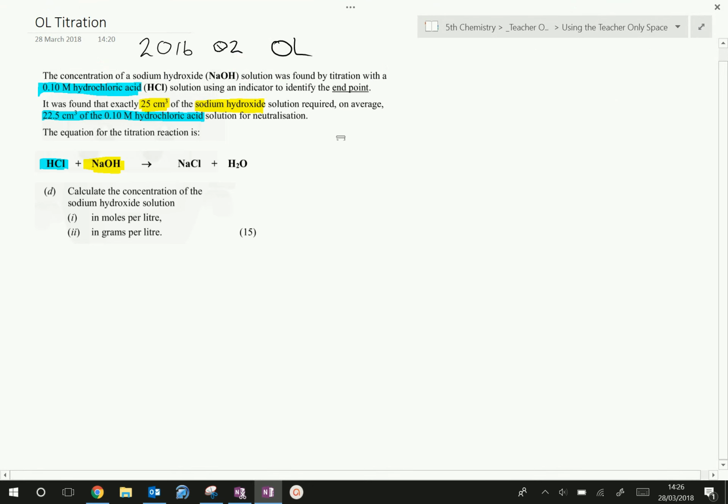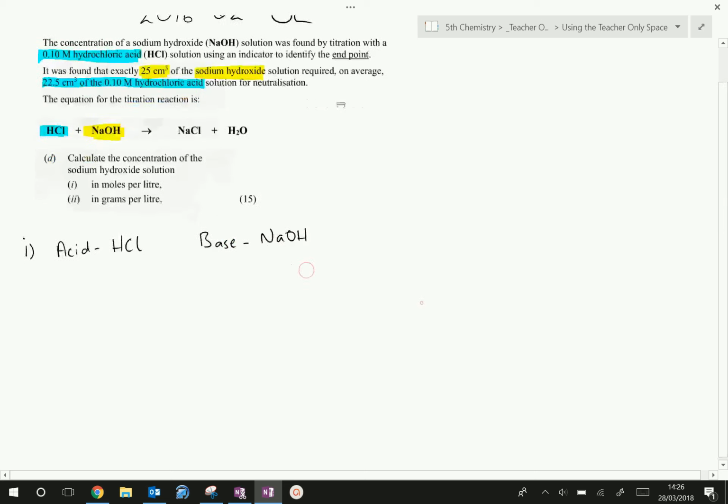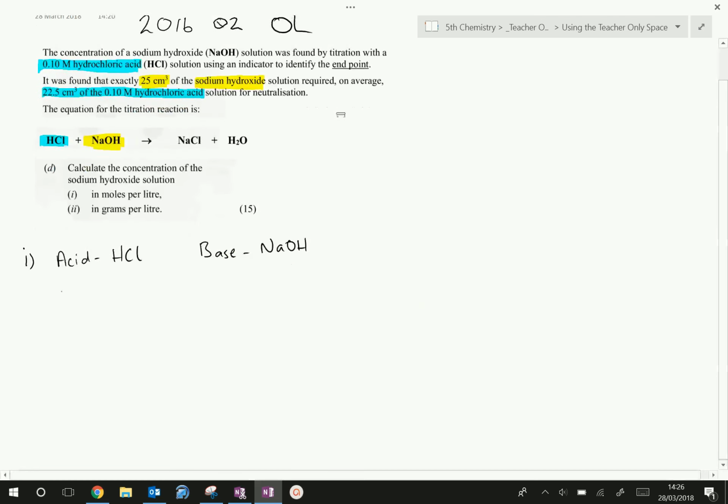So now, to find the molarity or the concentration of the sodium hydroxide, we're going to first write down what information we have. My acid is HCl, my base is NaOH. So what do I know? Do I know the molarity of the acid, M1?